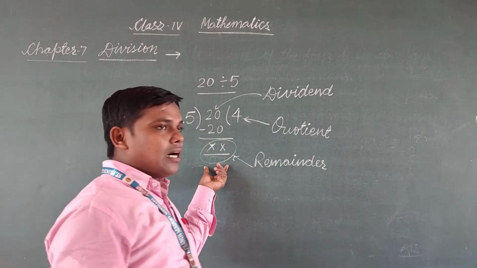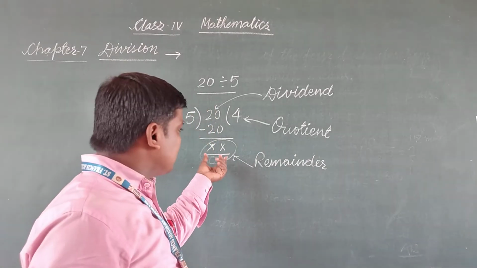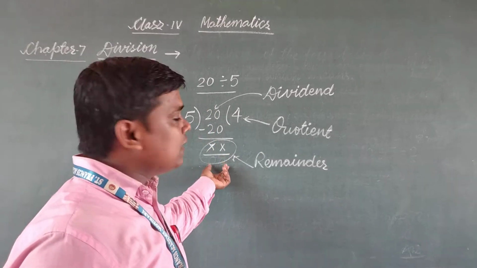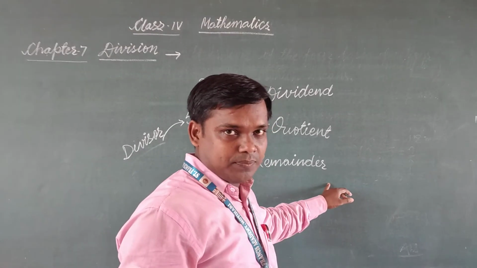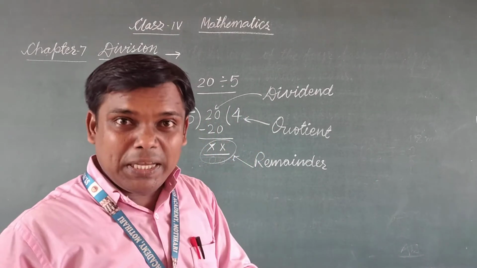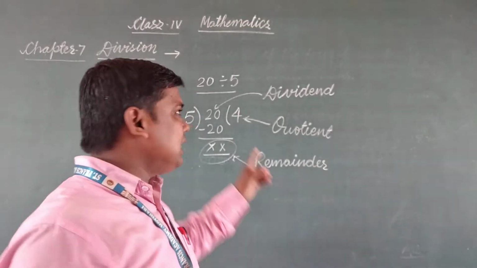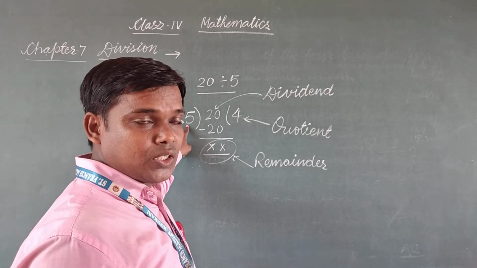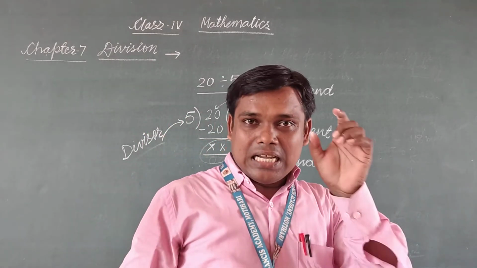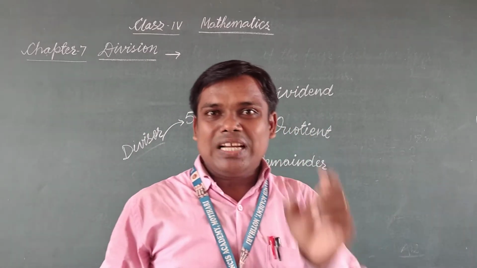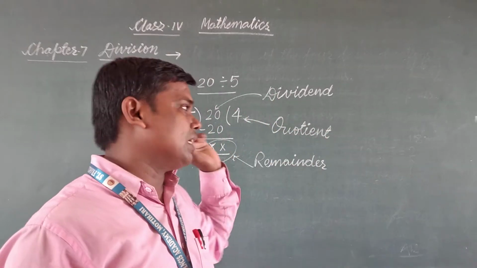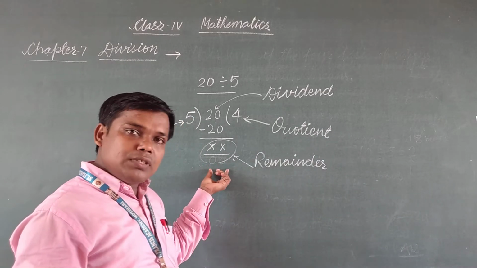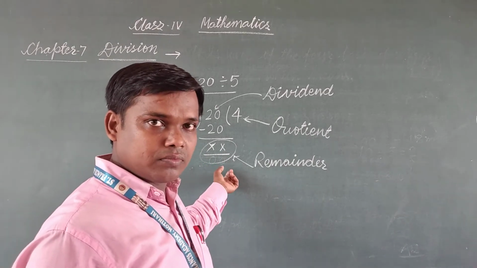And after division, whatever we get here is the remainder. Our remainder will always be less than the divisor. You have to remember this. The remainder will always be less than the divisor. It can become 0 also. Okay?